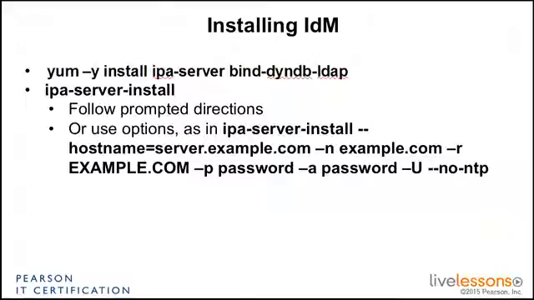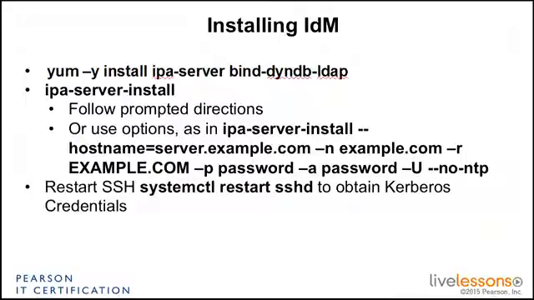This is useful for scripted installations, but really, if you are not an expert on IPA, I would recommend that you just type ipa-server-install. It's so much easier, and the prompts will be perfectly clear about what exactly is expected.